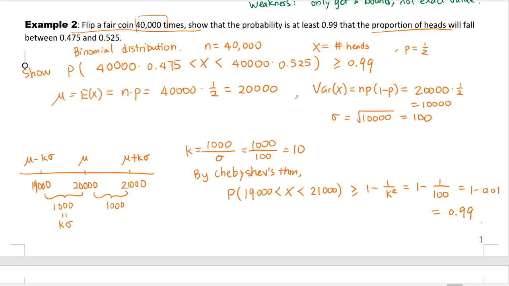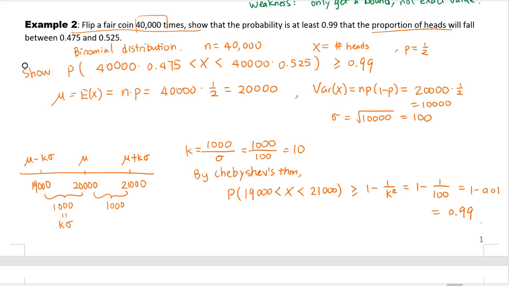So in this example, you can see sometimes the problem might give us the kind of distribution. Then we can use this information to figure out the mean and standard deviation. And once we get the mean and standard deviation, we can use the Chebyshev theorem to find bounds for the probability. So the probability of x near the mean is large.